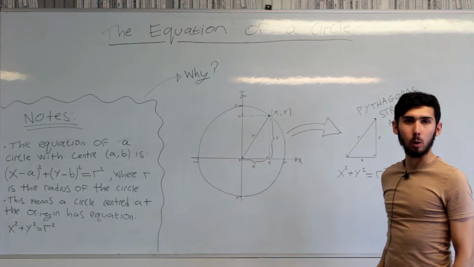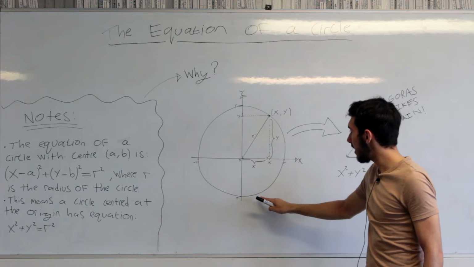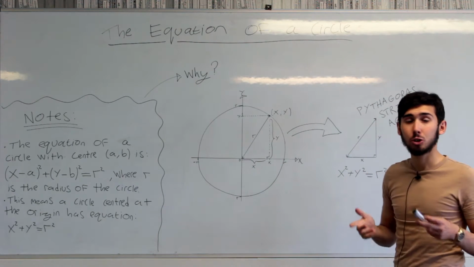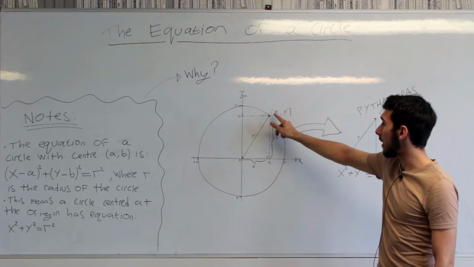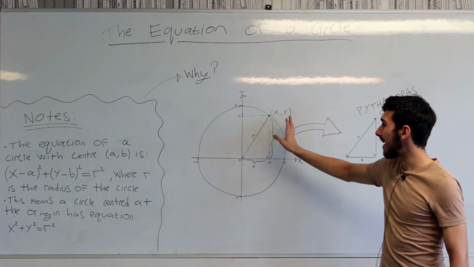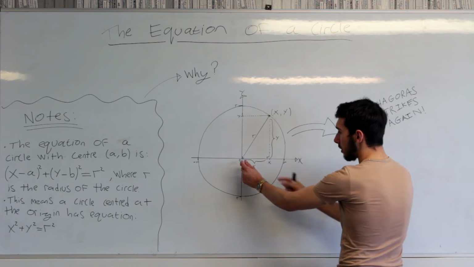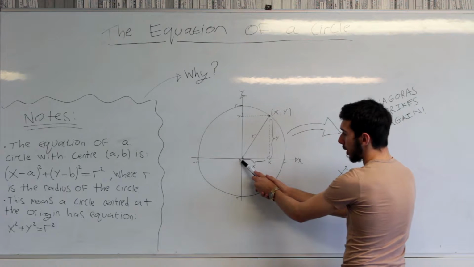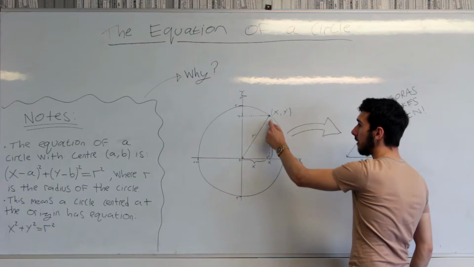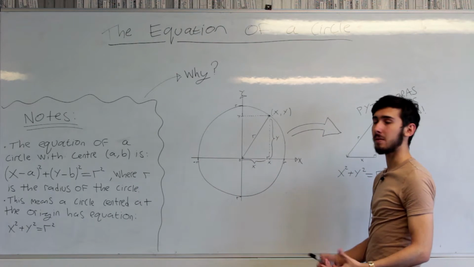This arbitrary point, which I could have drawn anywhere around the circumference of the circle, has an x coordinate, which means the horizontal distance from the origin to the point on the x-axis directly below that point is some arbitrary distance, x.